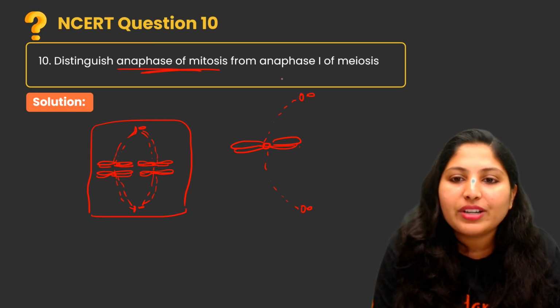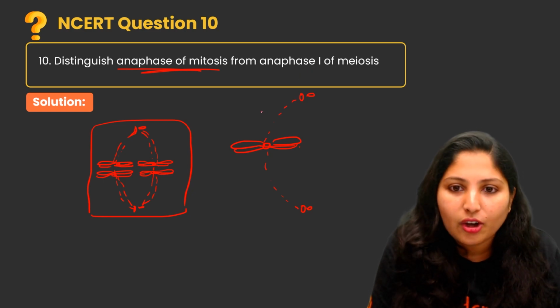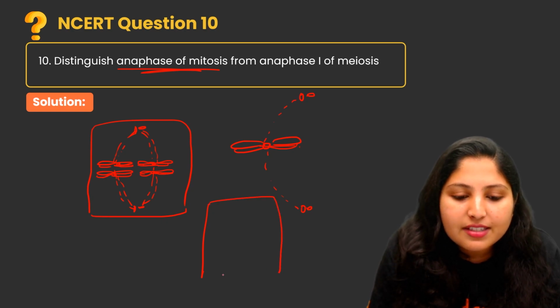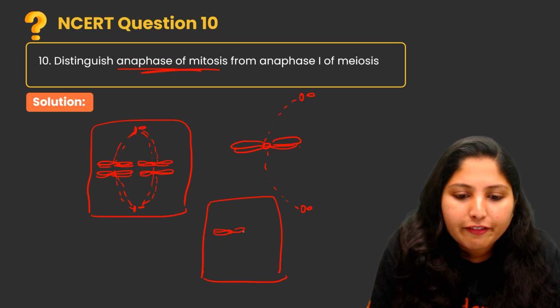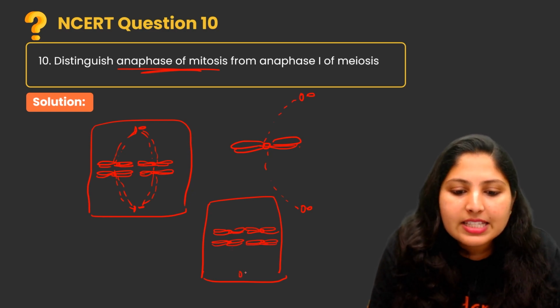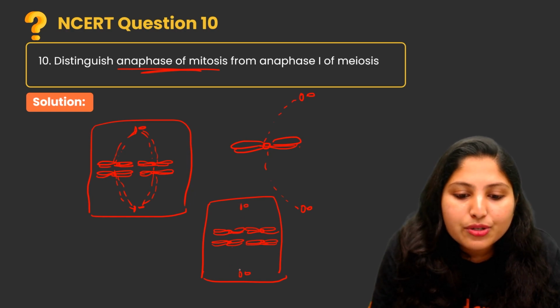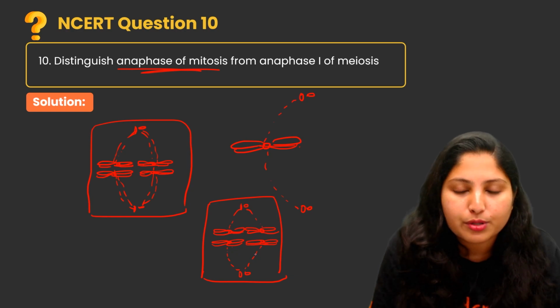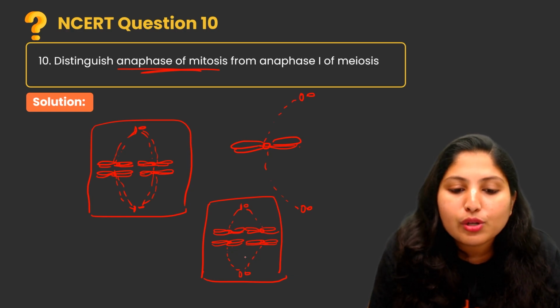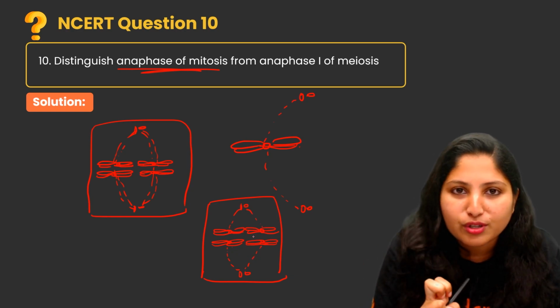Let's discuss anaphase of meiosis 1. What happens here? In anaphase of meiosis 1, we'll take 4 chromosomes. Here the spindle fiber is attached to one chromosome of the homologous pair.